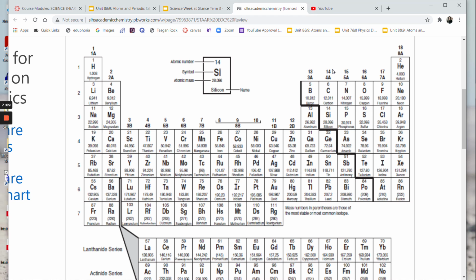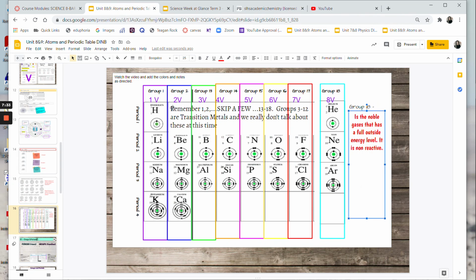If you look at the periodic table, the A's give you how many valence electrons it'll have. So if I'm in group 17, I have 7 valence electrons because I got that from the A. If I'm in group 13, I have 3 valence electrons. I got that from the A. That means everybody in this group has 3 valence electrons. So it is much easier to go to your group number and look at the valence electrons.